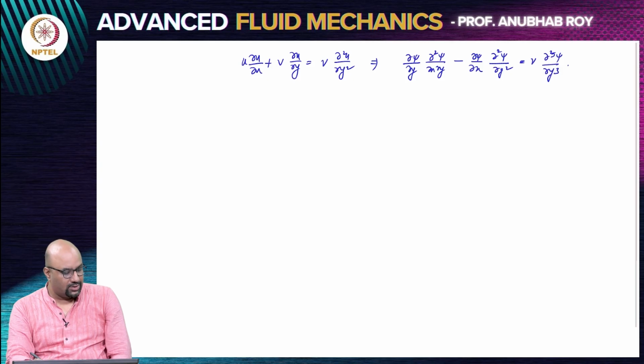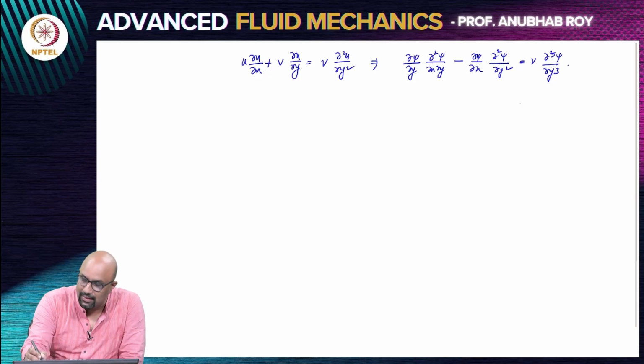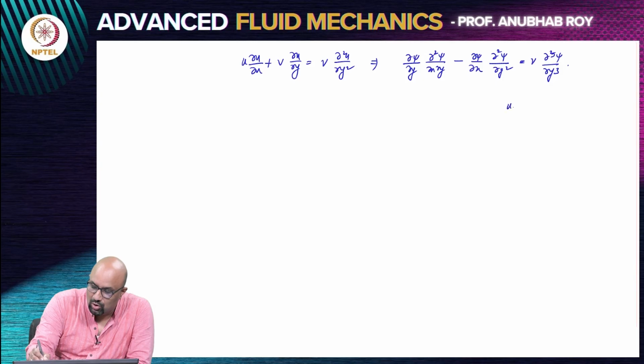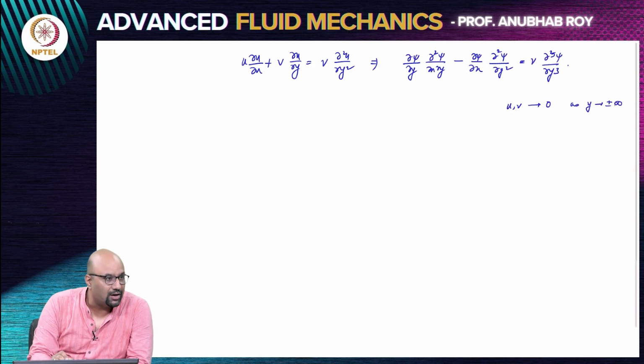What are the boundary conditions in this problem? The boundary condition in this particular problem is that u and v both should go to 0 as y goes to plus or minus infinity.